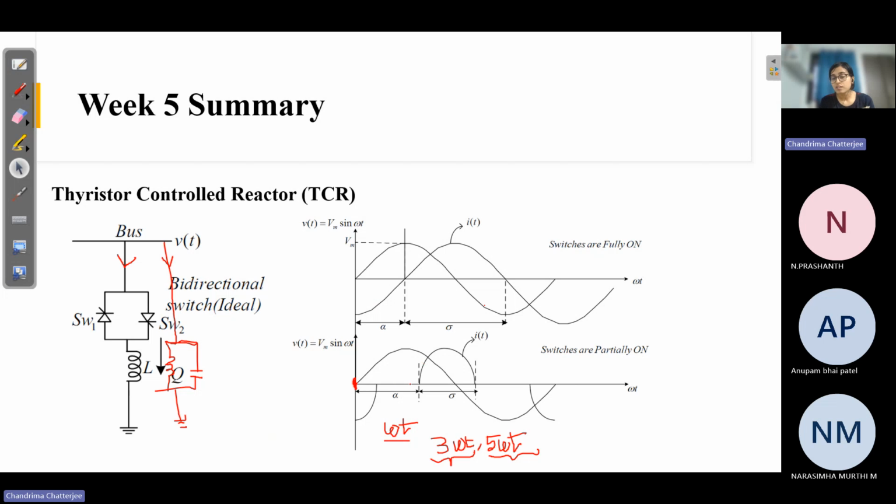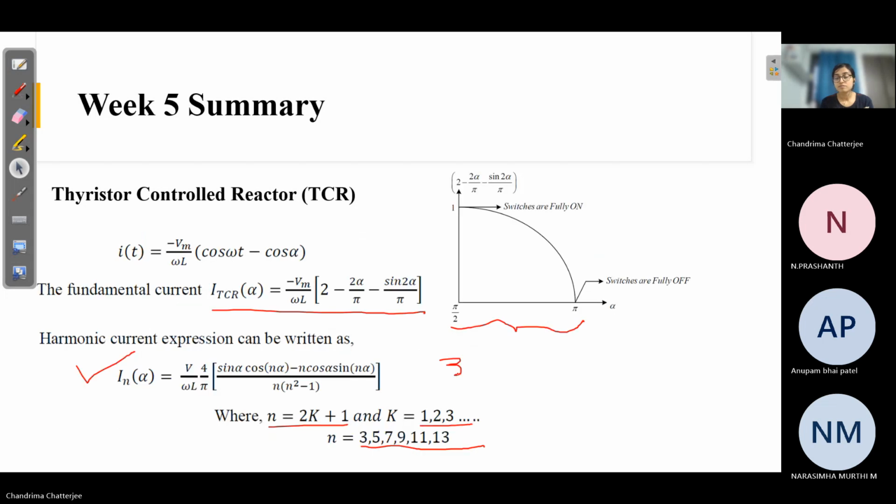So alpha starts from pi by 2, that is the minimum value, and it could go till pi. Okay. So this is the range of alpha, pi by 2 to pi.